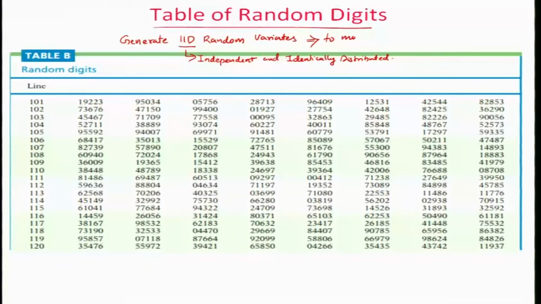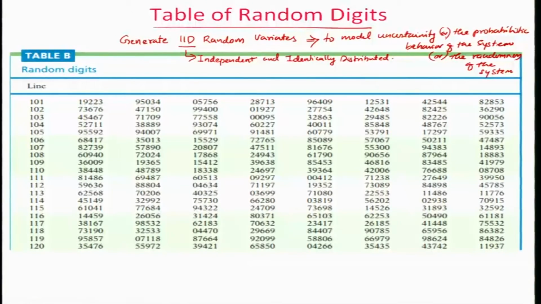To model uncertainty, or the probabilistic behavior of the system, or the randomness of the system. All of them mean pretty much the same.